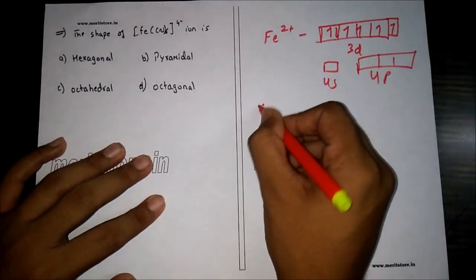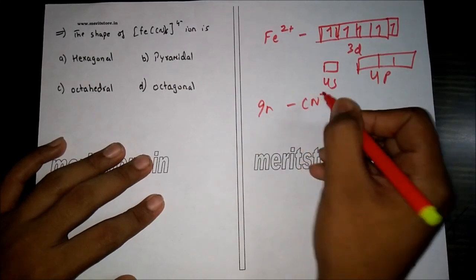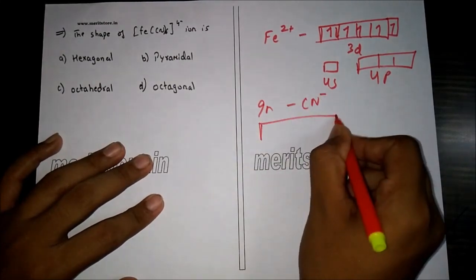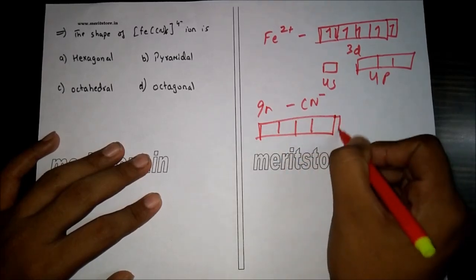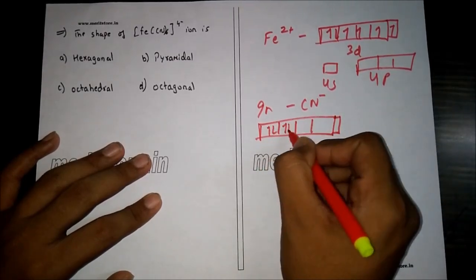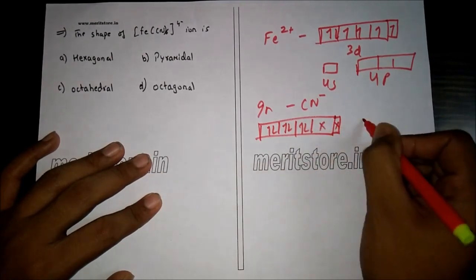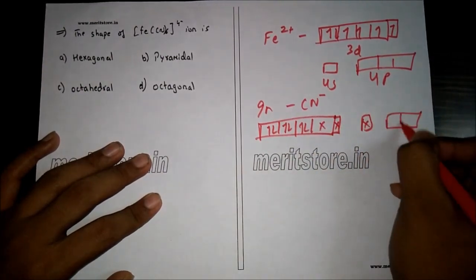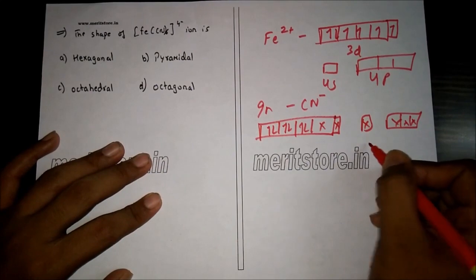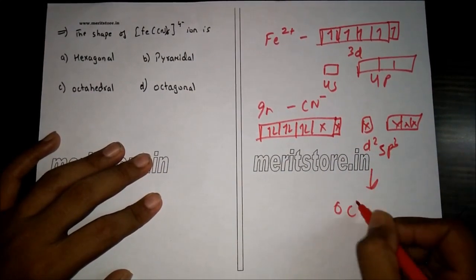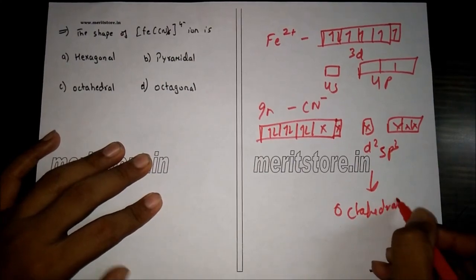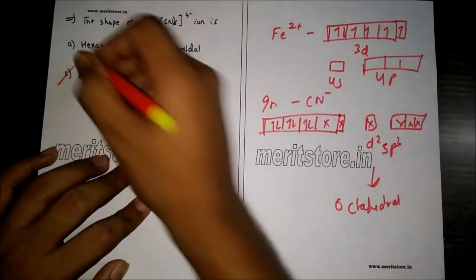In the presence of CN-, the electrons will be paired since CN- is a strong field ligand. Therefore, the electrons will be paired and there will be no unpaired electrons, and it will have d2sp3 hybridization, which has an octahedral geometry. The correct answer here is therefore option C, octahedral.